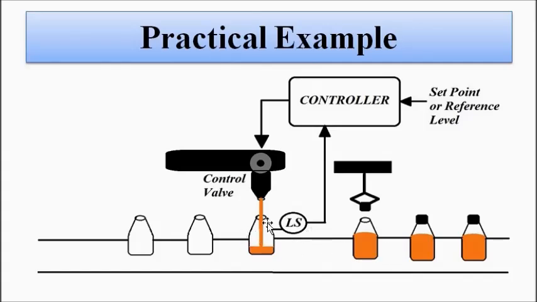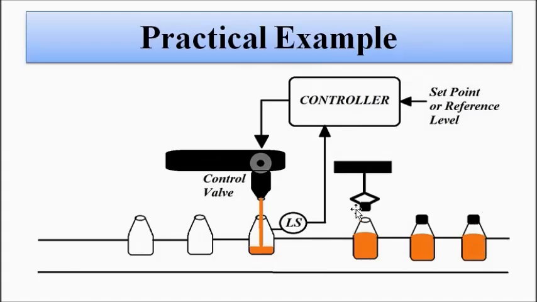The level sensor continuously measures the level of the juice in the bottle. As it reaches the level defined by the set point, the controller issues a signal, the control valve closes, and the flow of juice into the bottle stops. So all these bottles are filled up to the same level with orange juice.